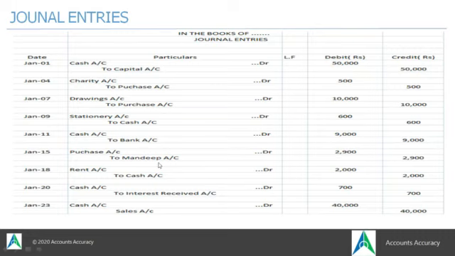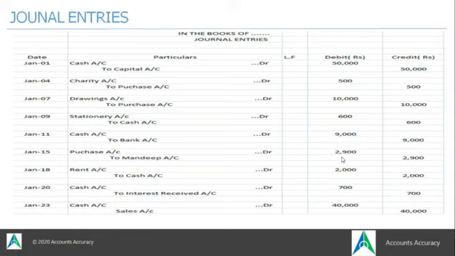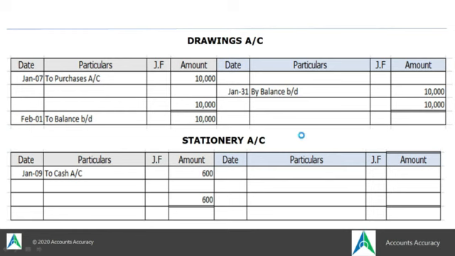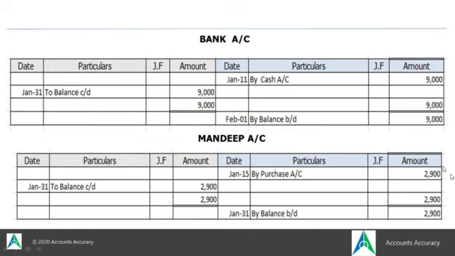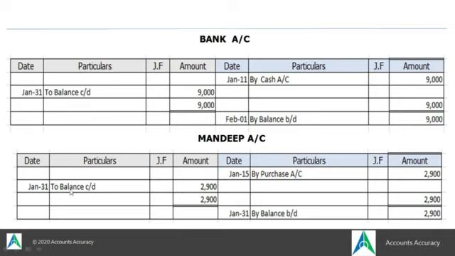You can see the journal related to Mandeep's account is on January 15. So you will write by purchases account 2900 in Mandeep's account, and no other related entries are there with Mandeep. So simply the balancing will be done. Write 2900 on both sides, and on the last day of the month, January 31, you will write to balance carried down 2900, and this will diagonally be copied to the next month as 2900 by balance brought down.